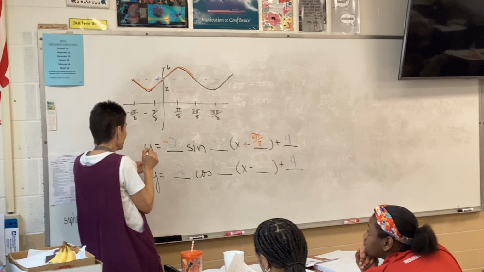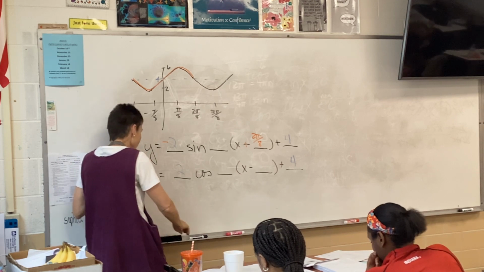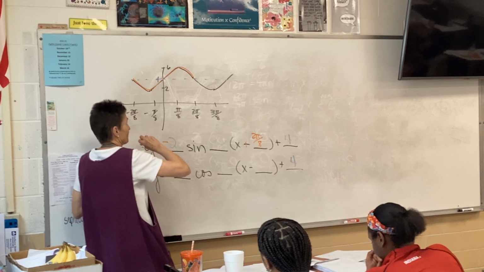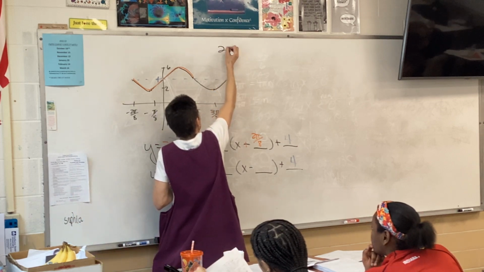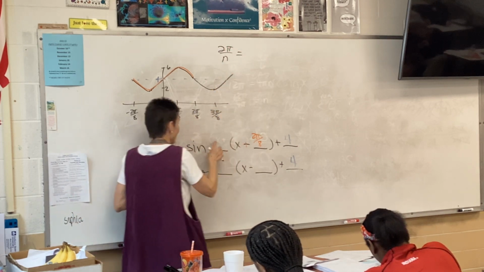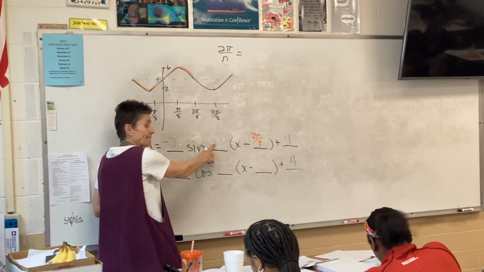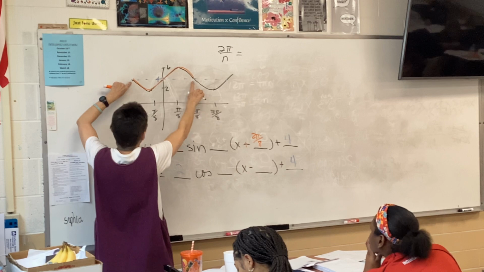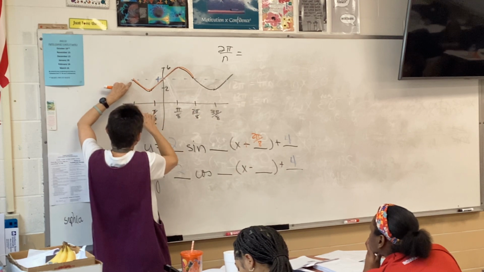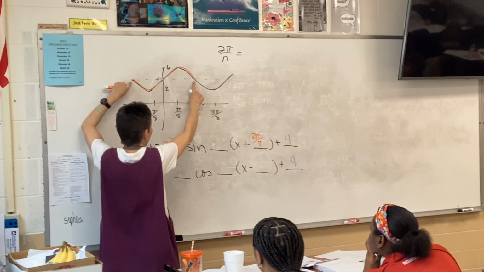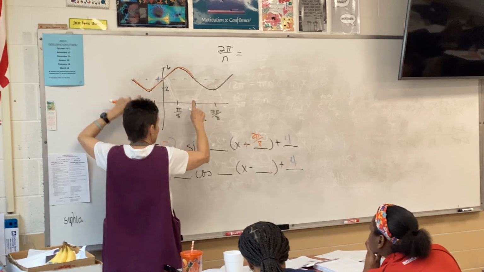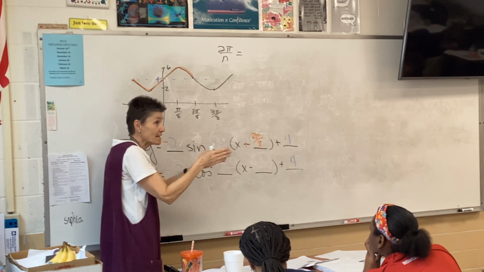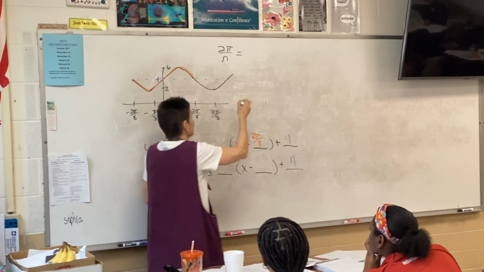Okay, now I need my period. All right, what's the period of a sine curve supposed to be? 2 pi. But I've altered it, I've divided it by something to get this new period, which is what? From negative 2/8 to positive 2/8 is a total of half a pi, 4/8, half a pi.